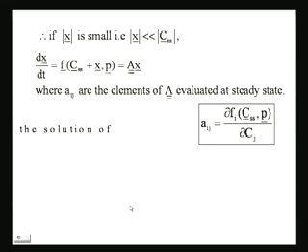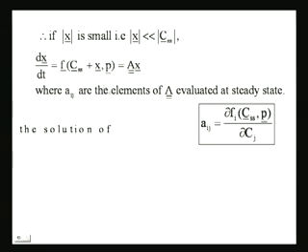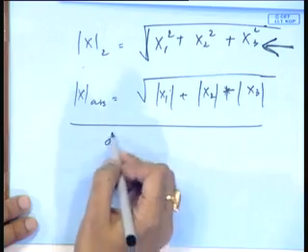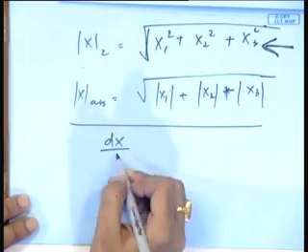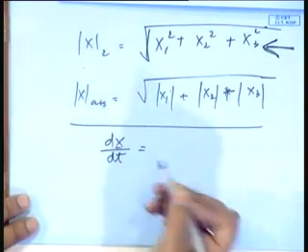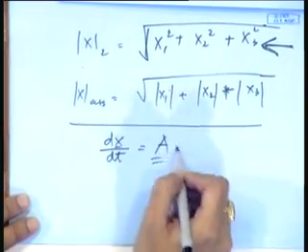Okay, now what I want you to tell me, if not completely, then at least to some extent, what would be the solution of this? Let's not go that far. dx/dt equals Ax. What would be the solution? So this is my equation. Let's say, what is the solution of this?